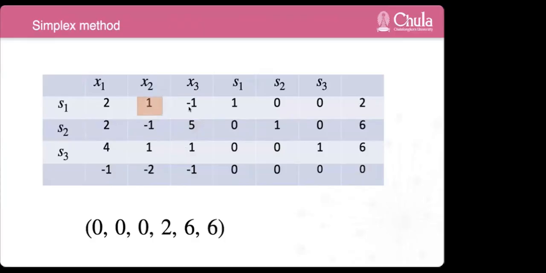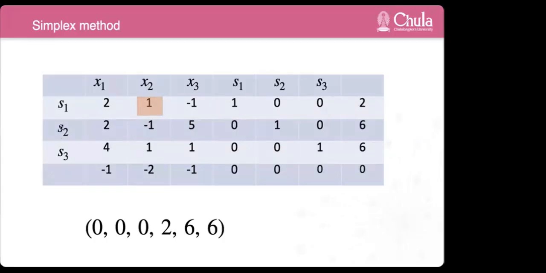And we should consider x2 to be our basic variable because this is the most negative coefficient. Okay. And we perform the ratio of B over A. This one is 2, right?